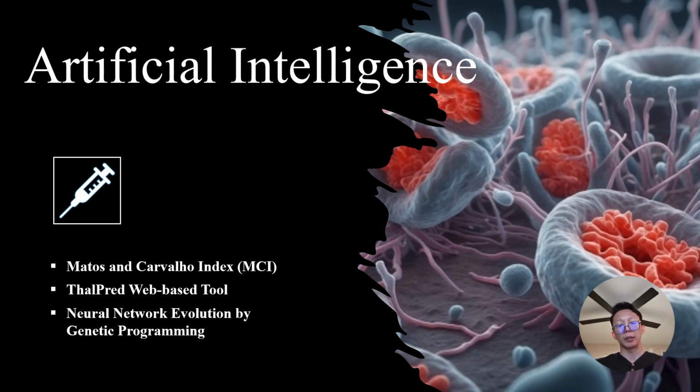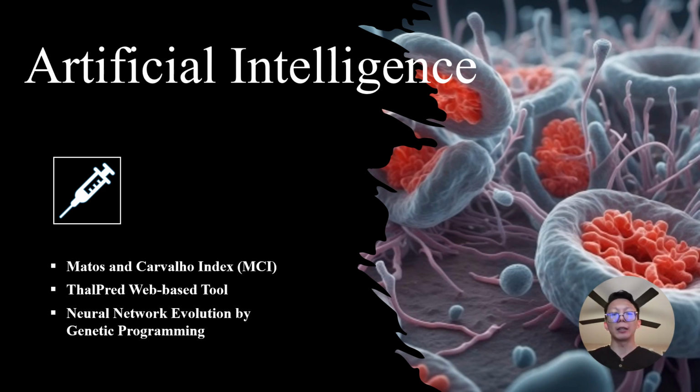Now, there are three examples that I want to go over with you guys. The first one is known as the Matos and Carvalho Index, or MCI. This was developed to discriminate between iron deficiency anemia and the thalassemia trait based on their hematological parameters.